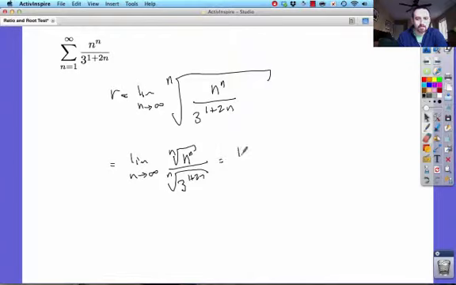We have n. Okay, now we have to look at the bottom here. So we have the nth root of 3 to the 1 plus 2n. Now I'm going to break that up as the nth root of 3 times 3 squared n.